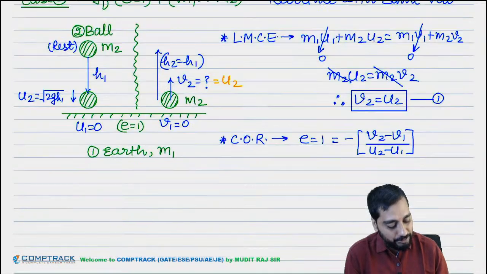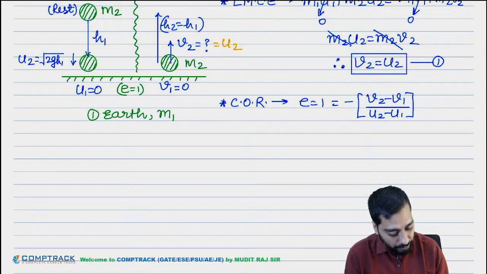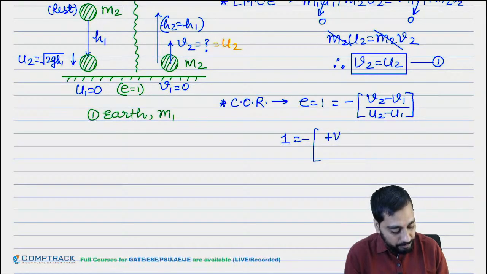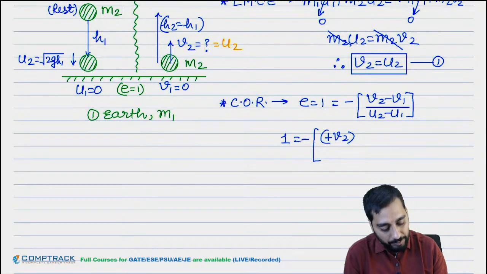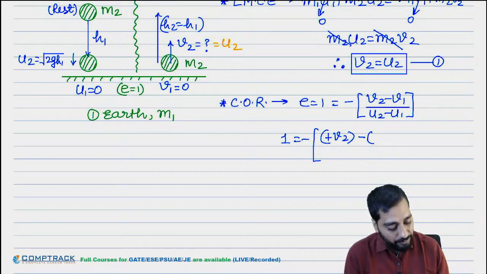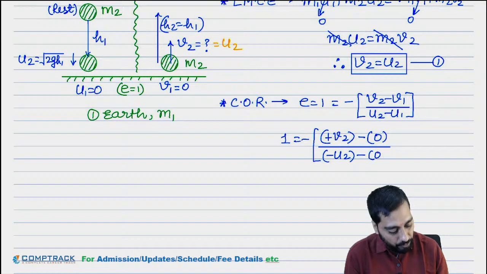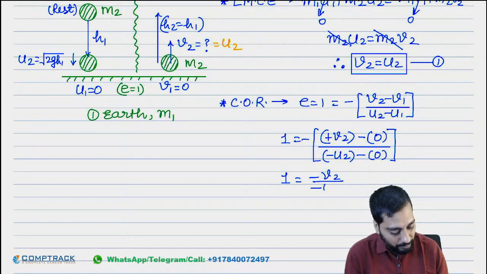Here you have to put velocity with sign, okay. So 1 will be equal to minus (v2 minus v1) upon (u2 minus u1). v2 is upward, you are considering v2 upward, yes or no, so it will be positive, v1 is 0. u2 is downward, so it will be negative, u1 is 0. Like this, 1 equals minus v2 over minus u2, so here also you will get v2 equal to u2.